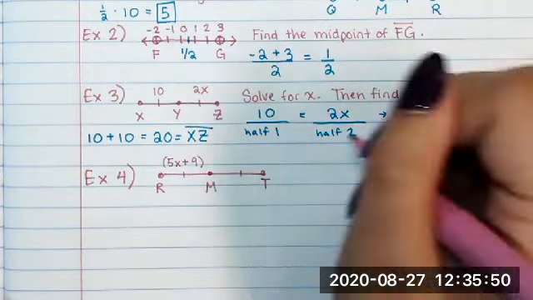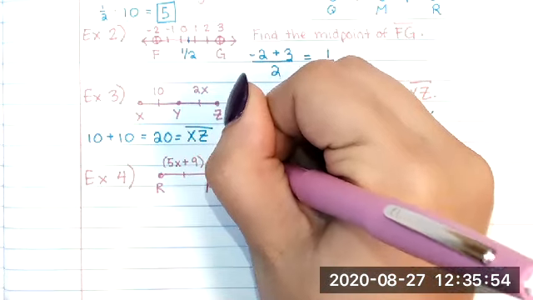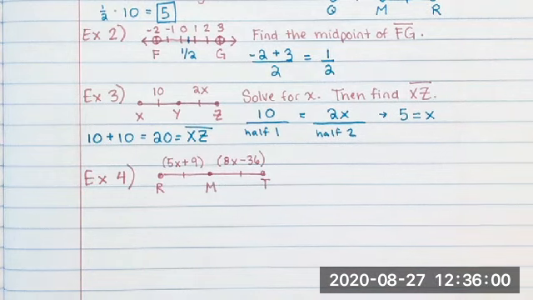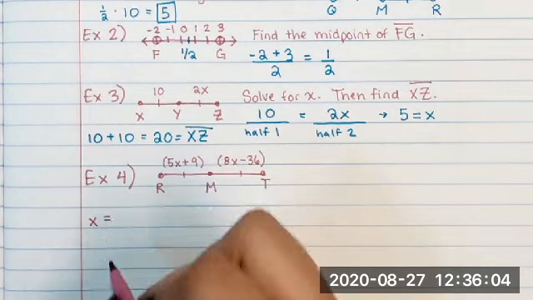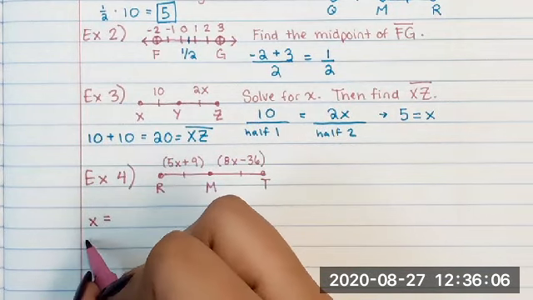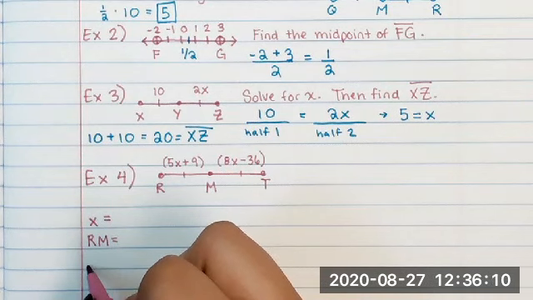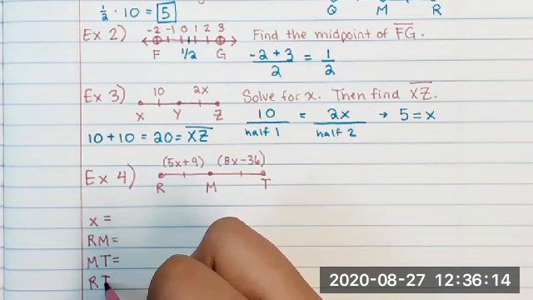And from M to T is 8x minus 36. I'm going to want us to find what x is, and then what each piece is. So what's RM? What's MT? And what's RT?